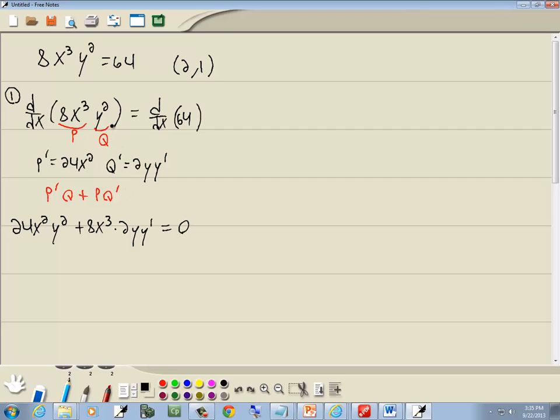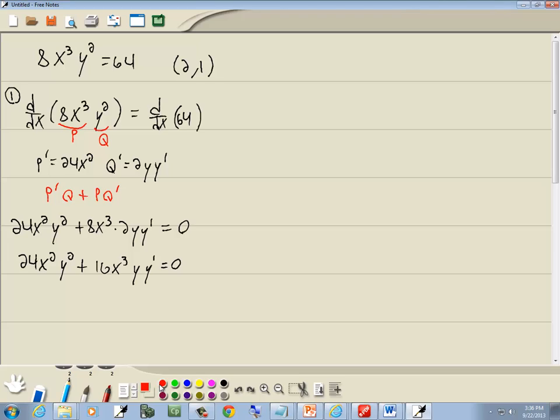Let me double check myself here. Looks good. We got 24x squared y squared plus 8 times 2 is 16, x to the third y prime equals 0. Now we want to solve for y prime, so I'm going to go through my 5 steps. First step is get rid of parentheses, don't have any.